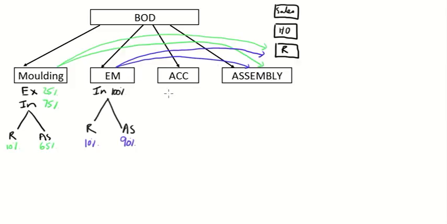If we look at accessories, the information once again tells us that there are external sales, and then some are transferred internally. Now the internal transfer, let's get a different color, either goes to repairs or to assembly.